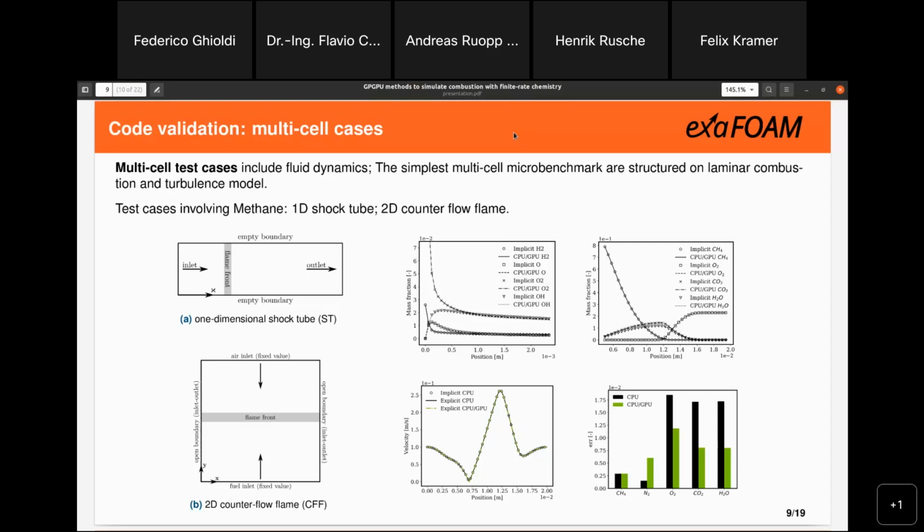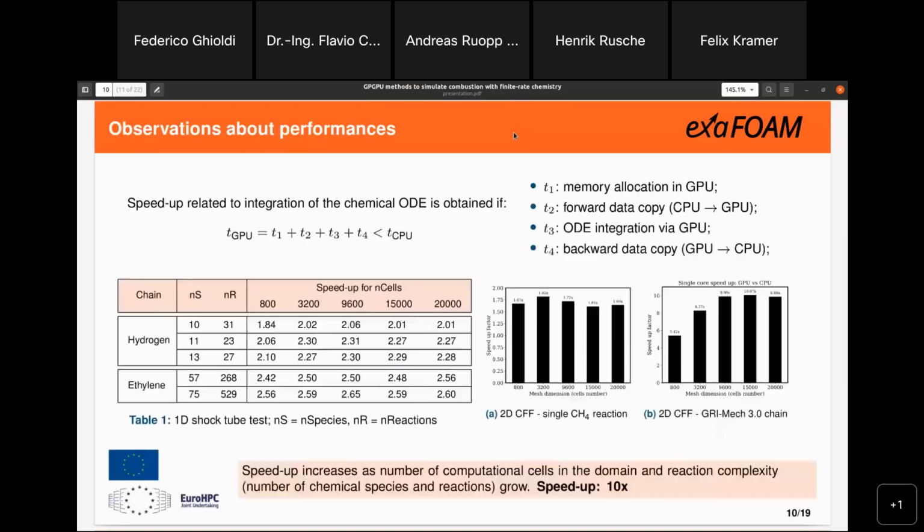So as you can see, again, the result turns out to be really, really interesting. Okay, so the solution seems to be quite accurate. And in terms of performances, I want to state the fact that with respect to the test cases that we have tested up to now, in order for the GPU to be advantageous in solving the ODE equations, you need to have the time taken by the GPU, which is the summation of 4 times, smaller than the time taken to perform the same task by the CPU.